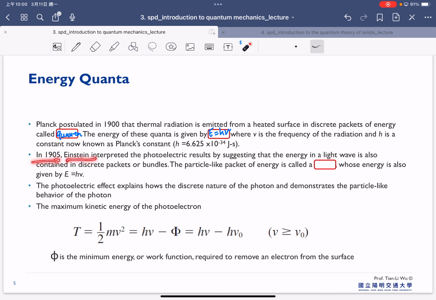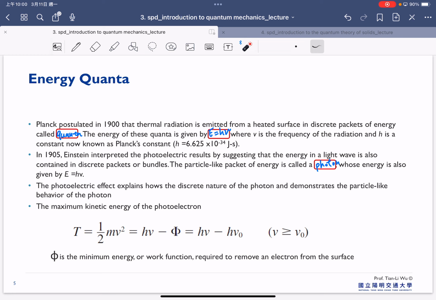So in 1905, Einstein interpreted the photoelectric results by suggesting that energy in the light wave is also contained in discrete packets or bundles. The particle-like packet of energy is called a photon, whose energy is also given by E equal to hν here.